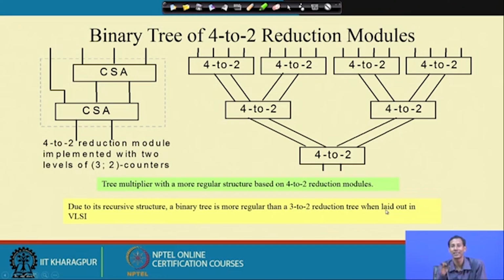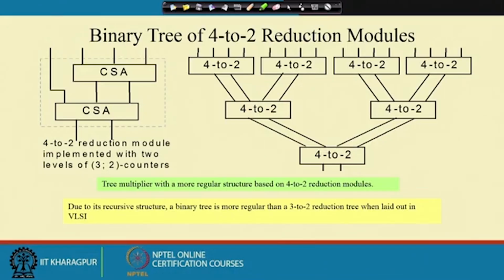Whatever we are doing in the Wallace tree and adder tree is either 2:2 or 3:2, that means we are using the carry save adder. 3:2 means we are consuming 3 inputs and producing 2 outputs, that is basically the full adder cell, and the half adder cell is 2:2, meaning 2 inputs and 2 outputs. But here, inside we are using 3, but whenever we are considering the multiples, at that time we are considering a combination of 4, and this gives me a regular structure.